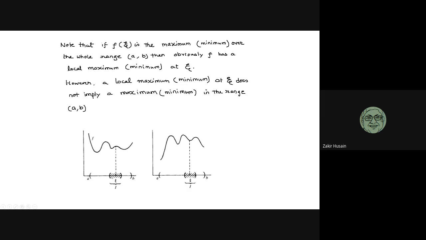Okay, so we can see that over here, a to b, we have a maximum point over here. So this will imply that we will also have a maximum point at this point. Over here, we are extending this to the minimum point.